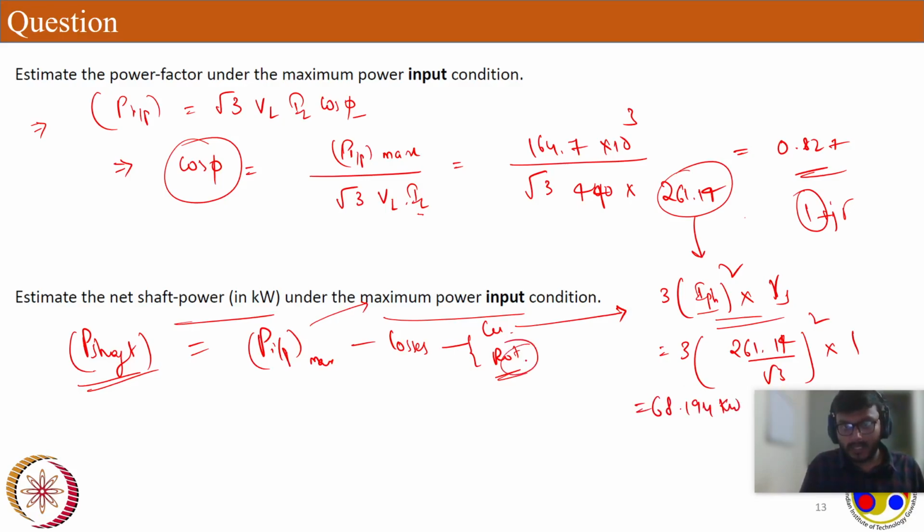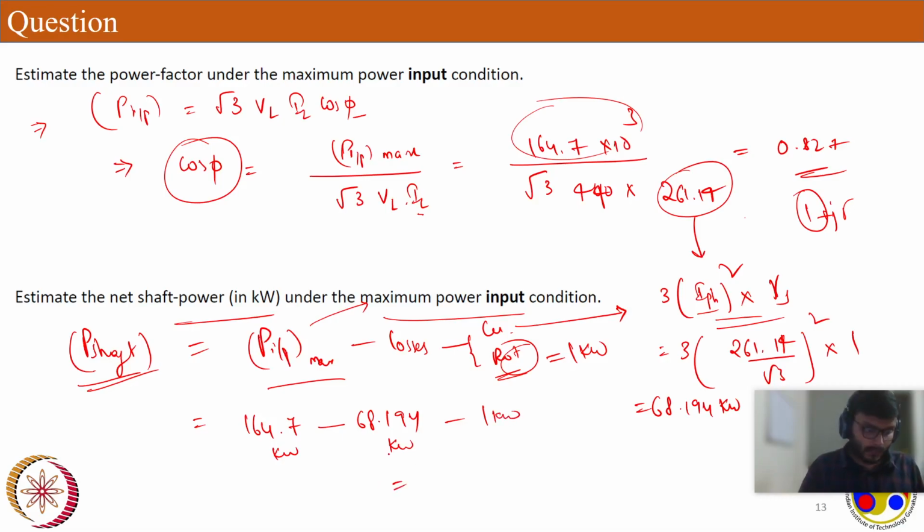And the problem gives that the rotational loss is equal to 1 kilowatt. Now the input maximum power is 164.7 kilowatt. Now what will be the output? 164.7 kilowatt minus 68.194 copper losses minus 1 kilowatt.